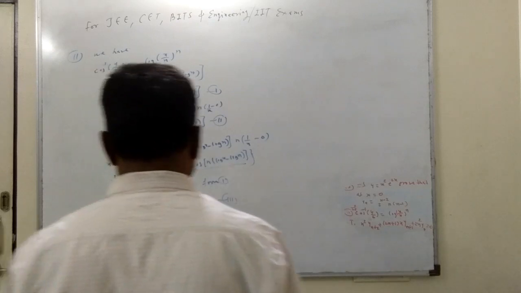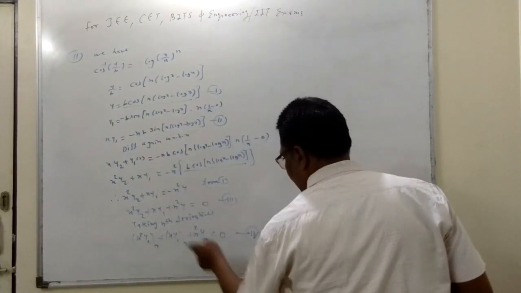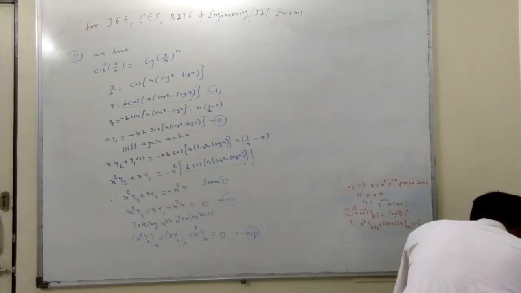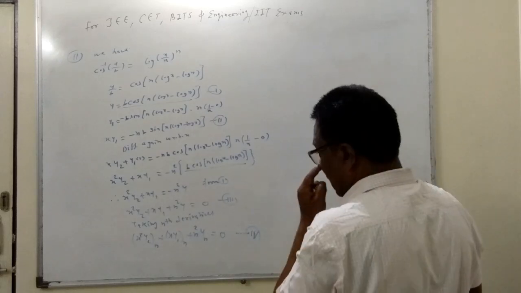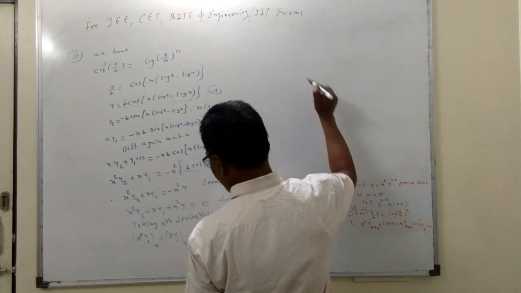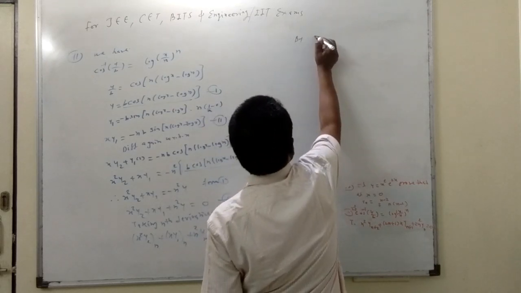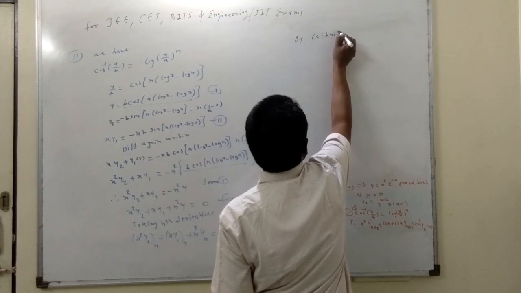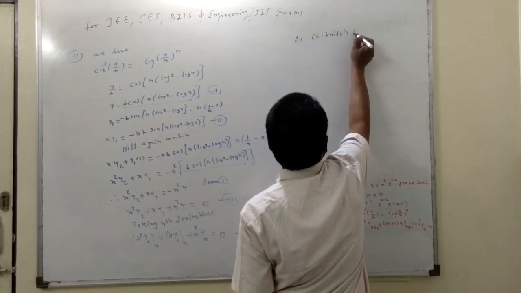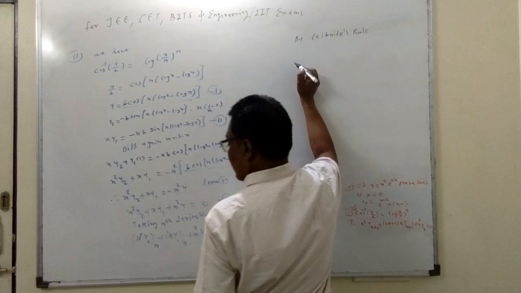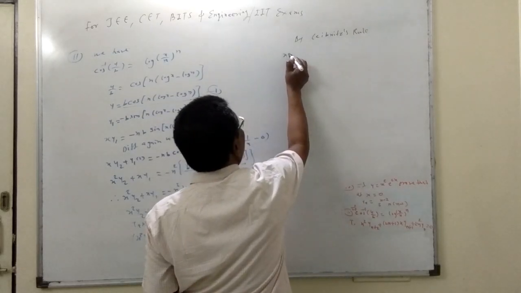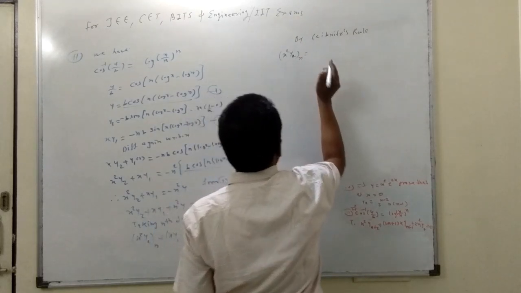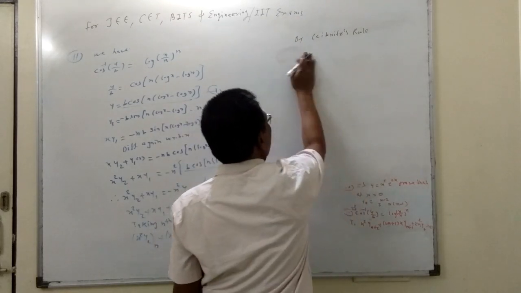Suppose this is the fourth equation. Now here this is a product, so by using Leibniz theorem we will find the nth derivative of this x square y2. So by Leibniz rule, x square y2 nth derivative is like this.